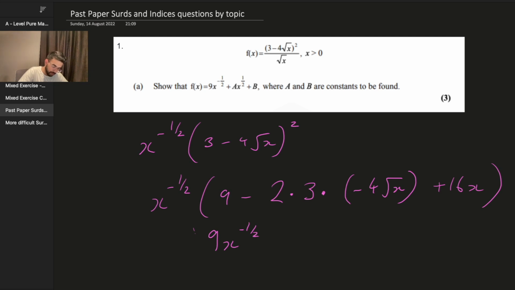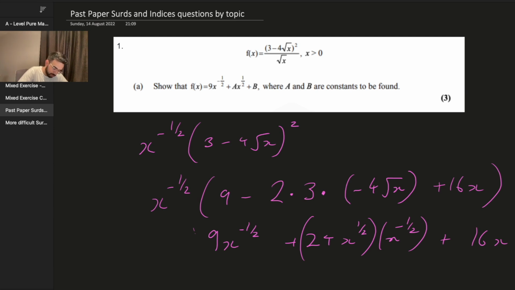Okay, now we're going to multiply this out, so I'm going to get 9x to the minus half, and then we're going to get plus 24 x to the half, and we're multiplying this, remember, by x to the minus a half, and then we have plus 16x to the half, simply because we've got 16x to the power 1 multiplied by x to the minus half. Let me actually just write that out for you guys so you can see. So we've got this multiplied by x to the minus half.